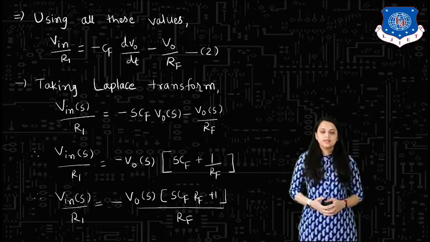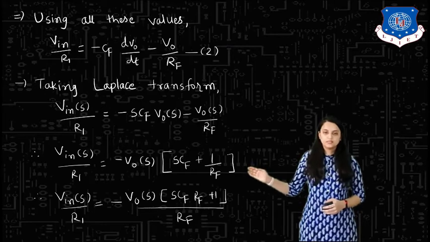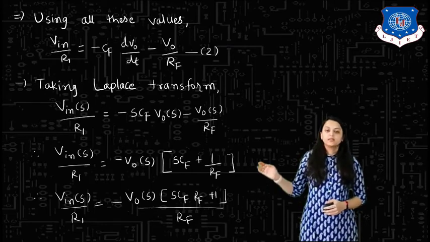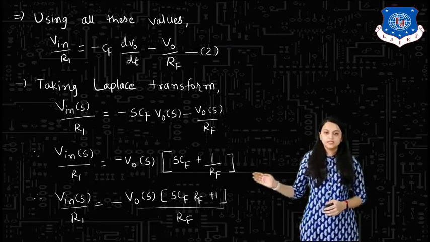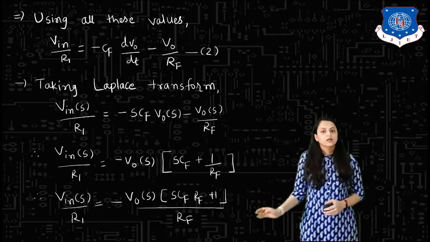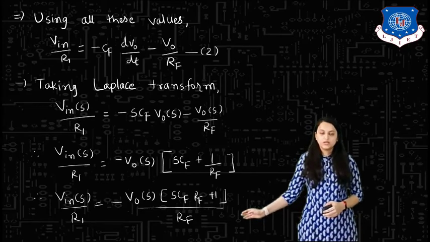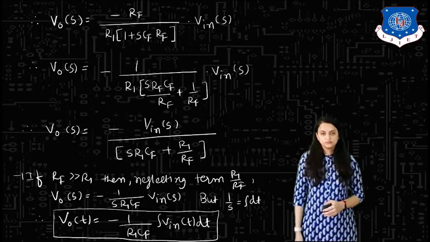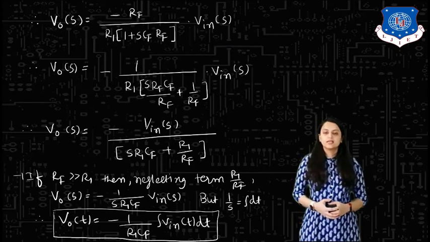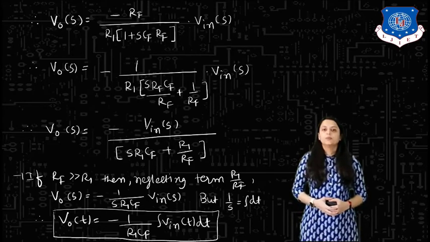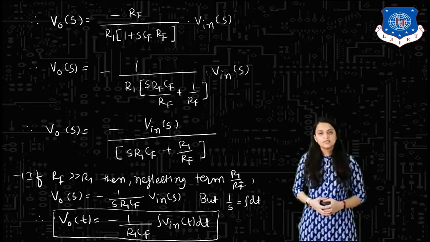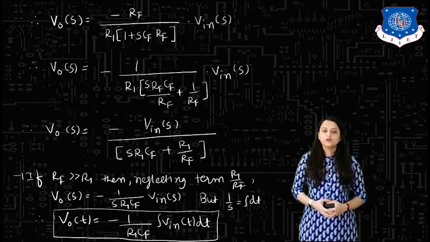So Vin(S) upon R1 equals Vo(S) with negative sign in bracket (S Cf plus 1 by Rf). Making the Rf term denominator common, this term will appear. So next term will be Vo(S) equals minus Rf upon R1 into 1 plus S Cf Rf into Vin(S).